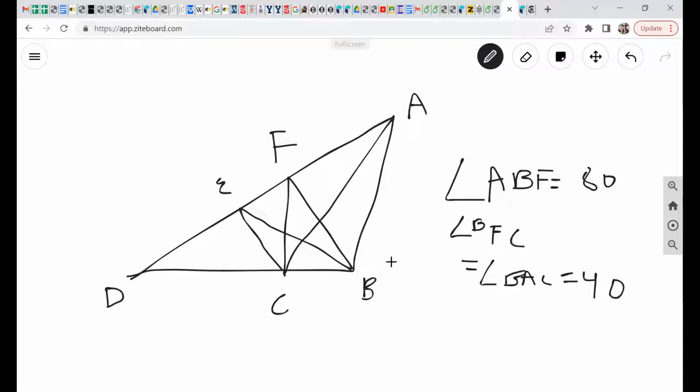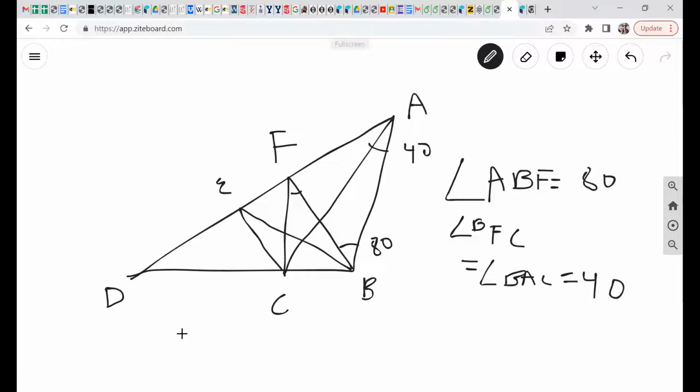So this is 80. BFC and BAC are both 40. So this is also 40 degrees.